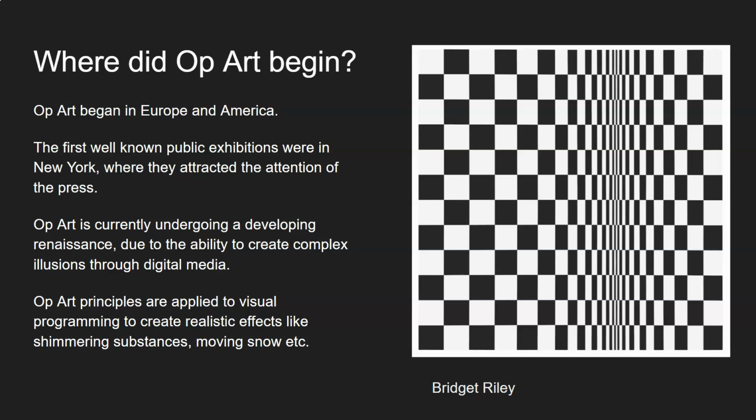All of this knowledge of optical illusions and how to twist dimensions and add realities is used in visual programming for movies and video games, and that's how they create things like moving snow or the surface of water or things that are kind of shimmering.